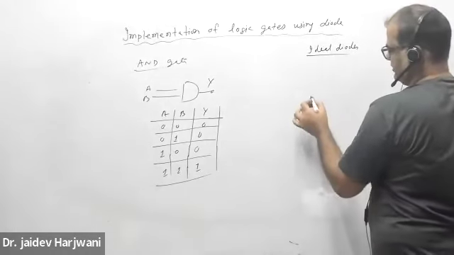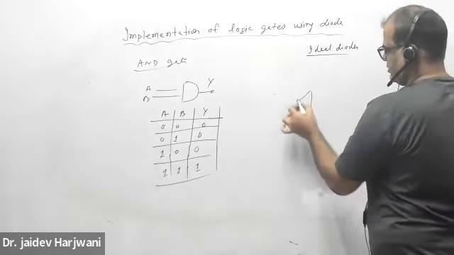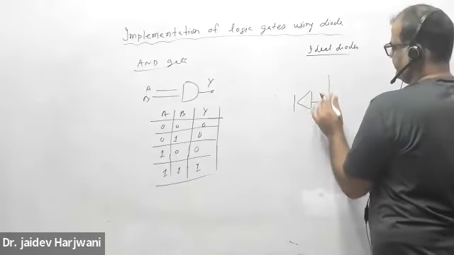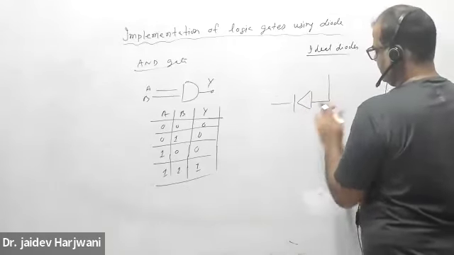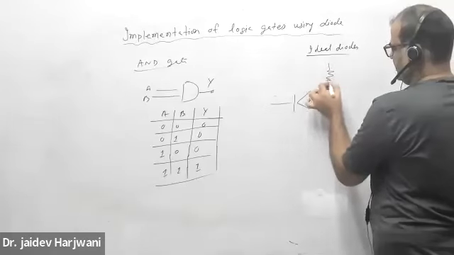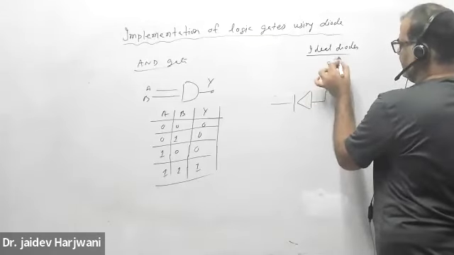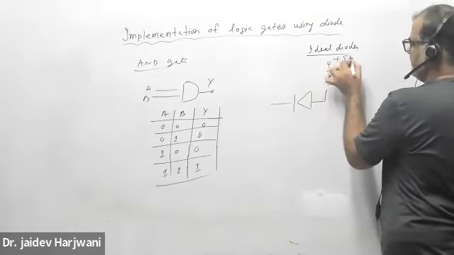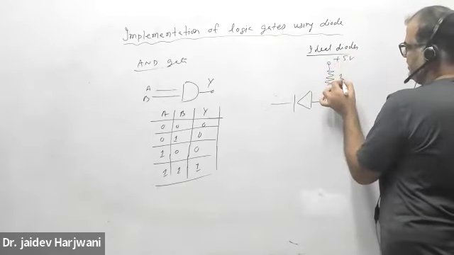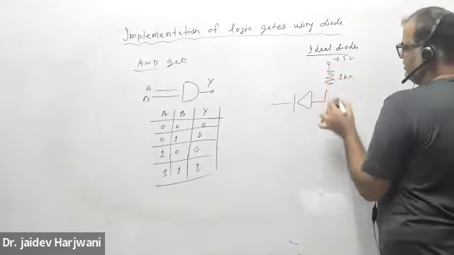So say this is my diode. Here a resistance is there. I'm applying VCC, say 5 volt. Say this is my 1 kilo ohm resistance.